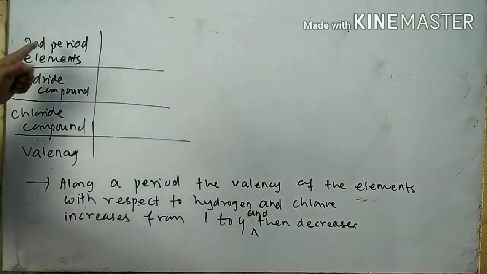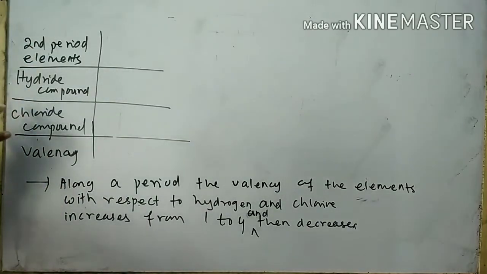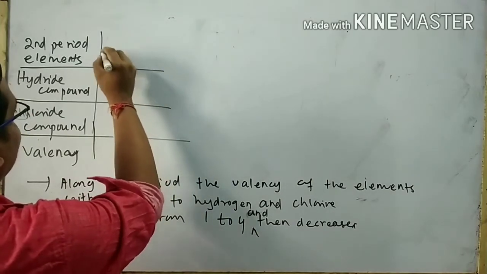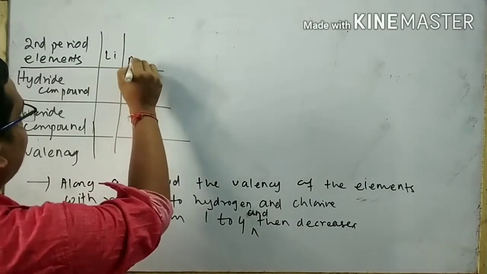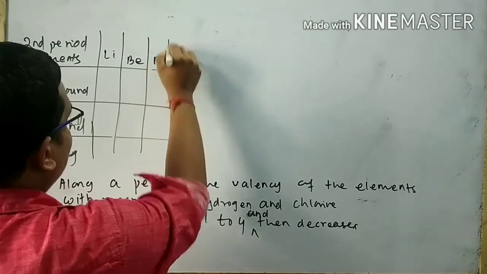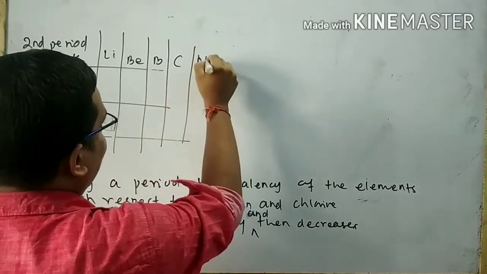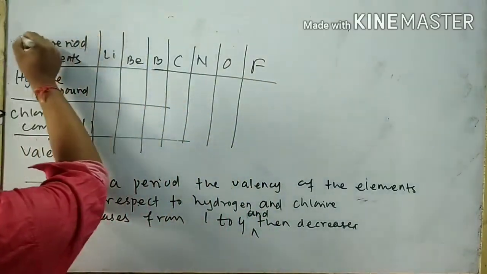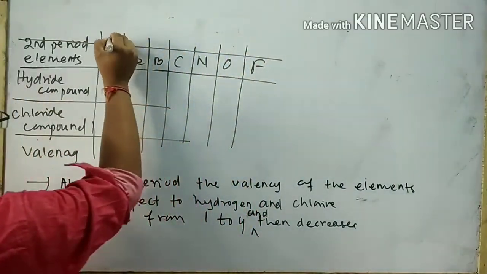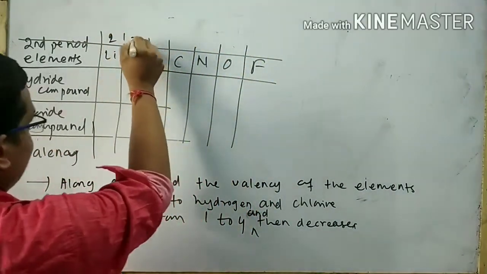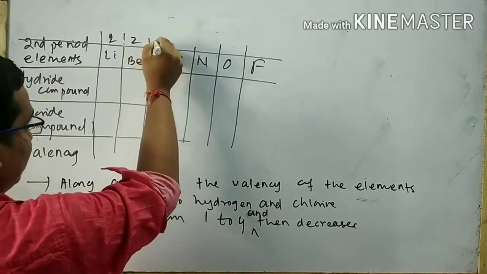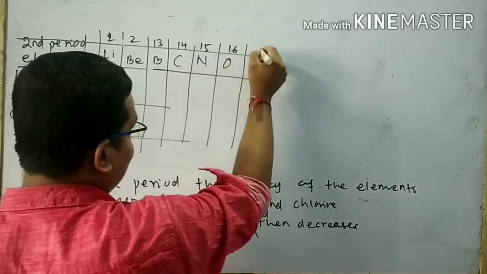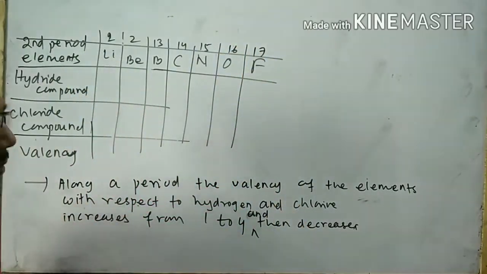What is the valency of the second period elements in hydride and chloride compounds? The second period elements are lithium, beryllium, boron, carbon, nitrogen, oxygen, fluorine. Lithium belongs to the first group, beryllium to the second group, boron is 13, carbon 14, nitrogen 15, oxygen 16, fluorine 17.